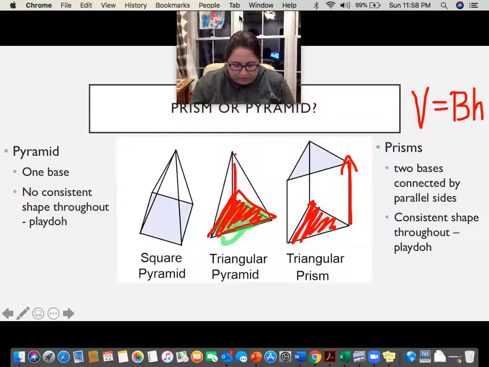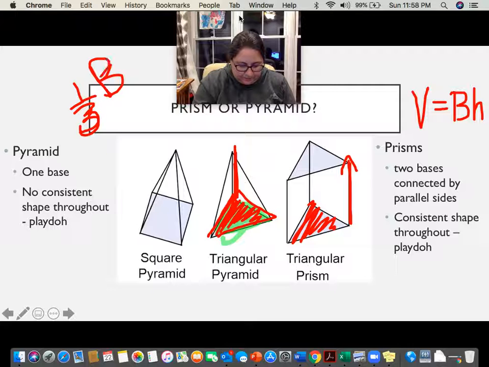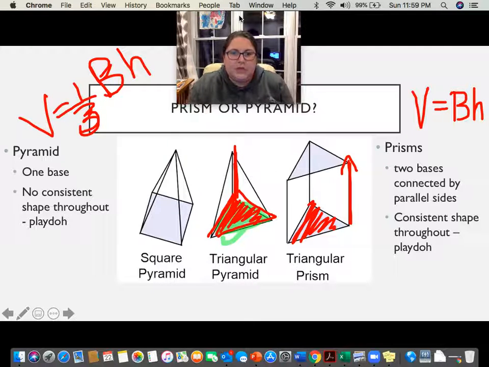So a pyramid is actually only a third of the base area times the height. A pyramid's formula is a third of a prism's formula, which is kind of nice because you can just pretend it's a prism and then divide by 3. But if you think about common mistakes, most people forget to divide by 3. So that's what we're going to work on today.